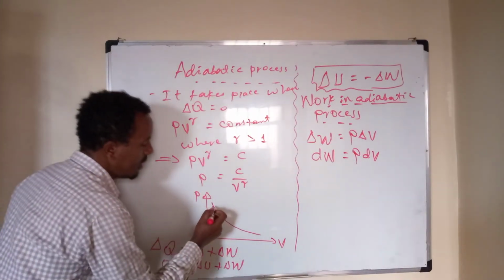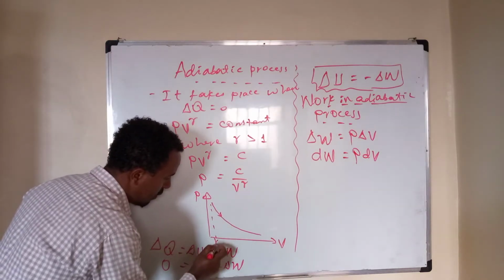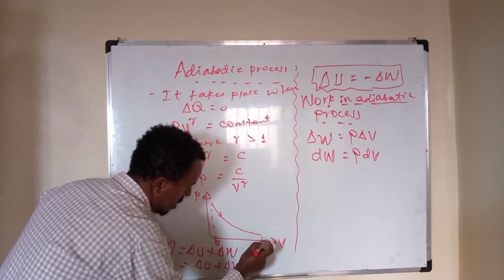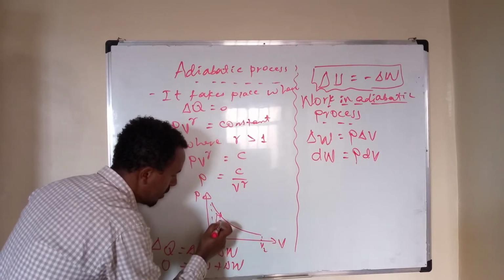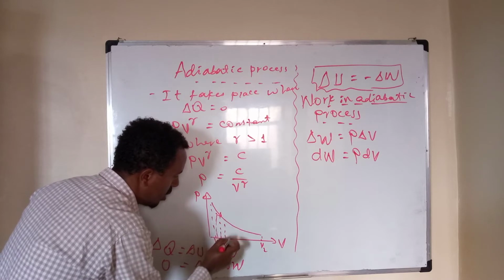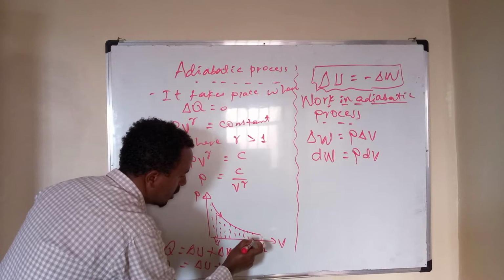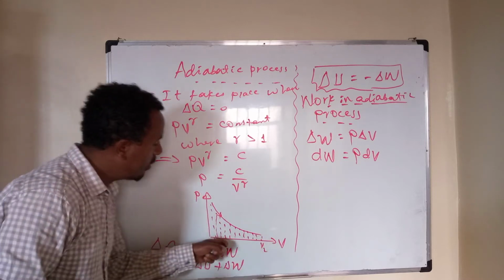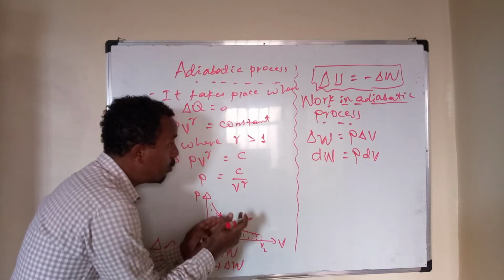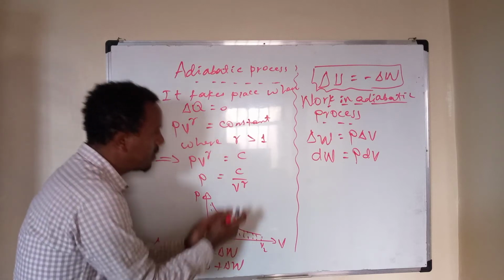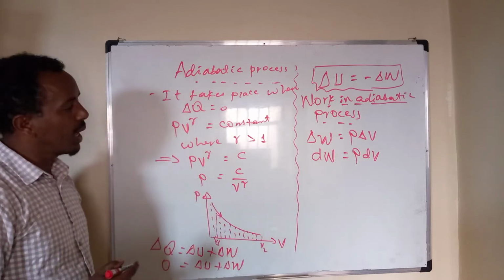So here the area under this graph, let's say this is V1 and this is V2, is equal to the work done. Now, a small amount of PdV. The summation of small amounts of PdV is equal to the total work done.